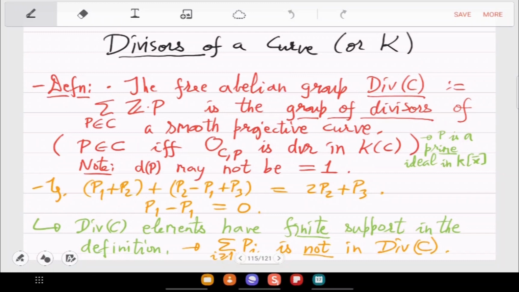The point P, remember, will always refer to a DVR. In other words, if you look at the unique maximal ideal of this DVR, it will be generated by a uniformizer. So we will think of the point, the uniformizer, the prime ideal, all these things are the same for us.